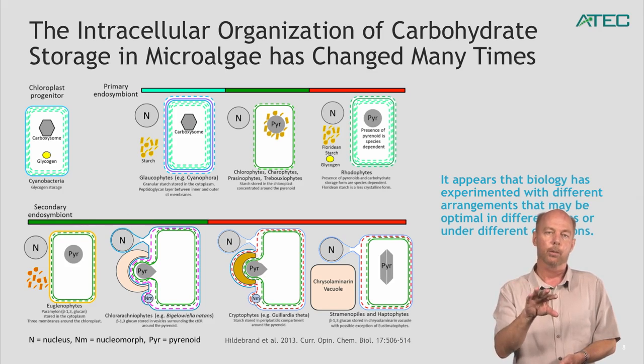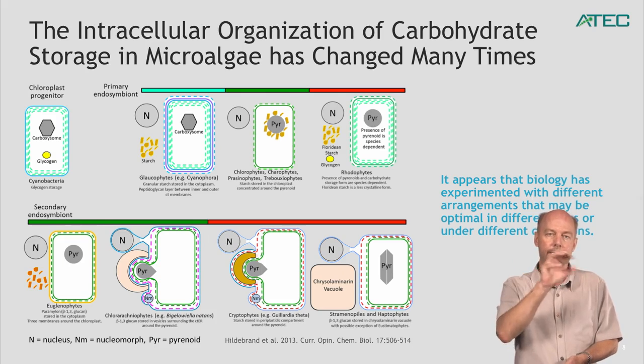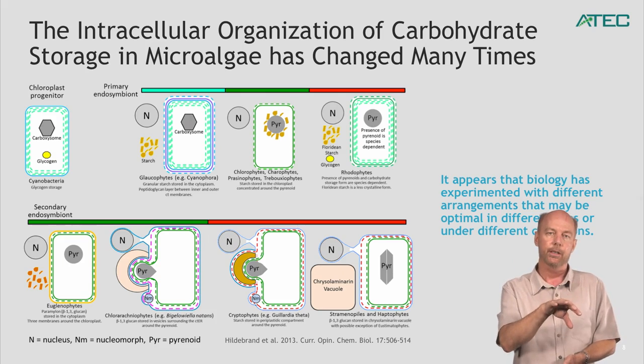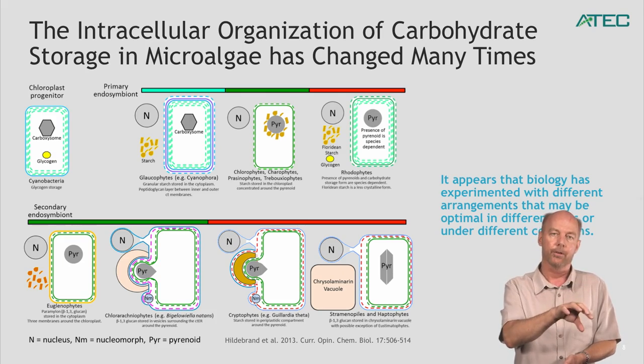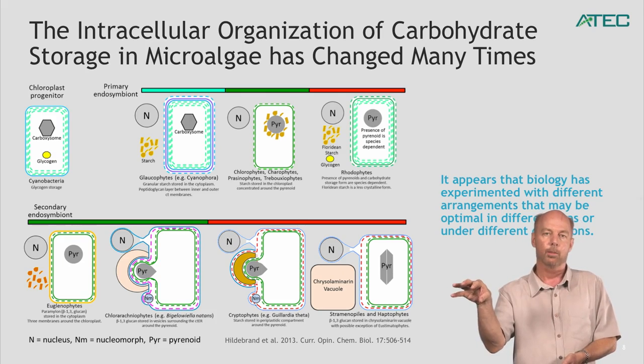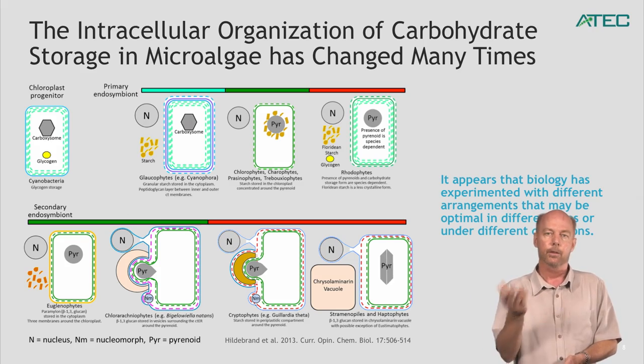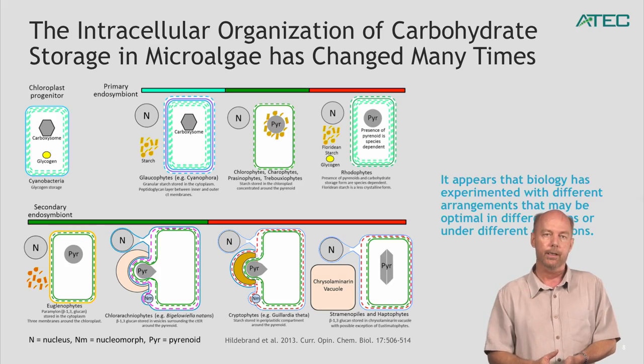They store their carbohydrate as starch outside of the chloroplast. The green algae, the chlorophytes, imported all of the machinery that makes starch from the cytoplasm into the chloroplast. So that's a major metabolic shift, and there must be a good reason for doing that. The red algae retain the formation of starch or glycogen even in the cytoplasm. They use a slightly different form of starch.